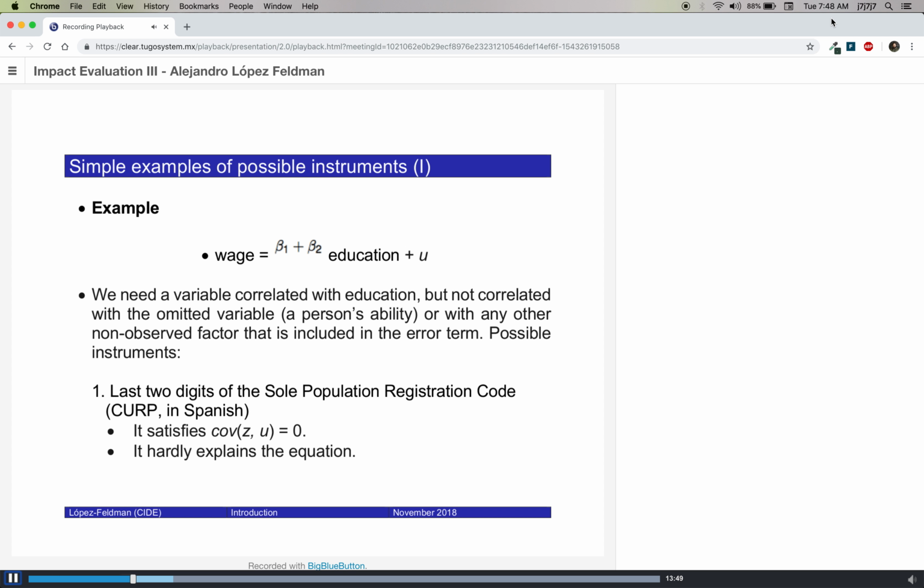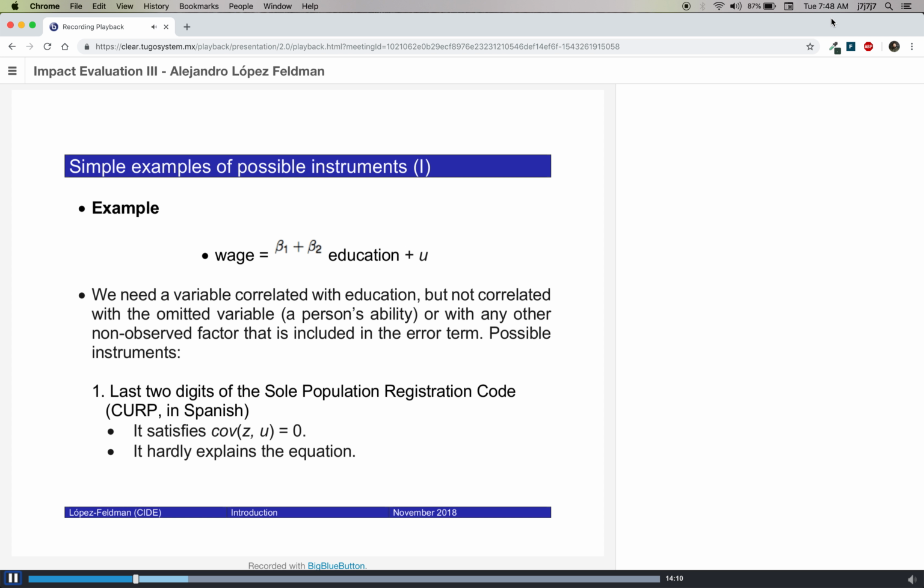That's why it is going to be a bad variable from another perspective. Why should it explain education? If this is a random variable, then it should not affect ability or wage or education, right? So this is a bad idea.